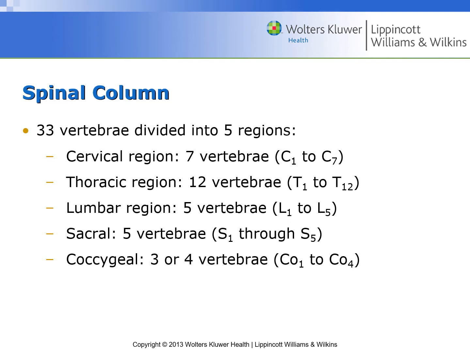The lumbar region, which has 5 vertebrae, and it's usually referred to as L1 to L5. The sacral vertebrae, this is 5 vertebrae, usually referred to as S1 through to S5. And we have the coccygeal, which is 3 to 4 vertebrae, and it's usually referred to as CO1 to CO4.